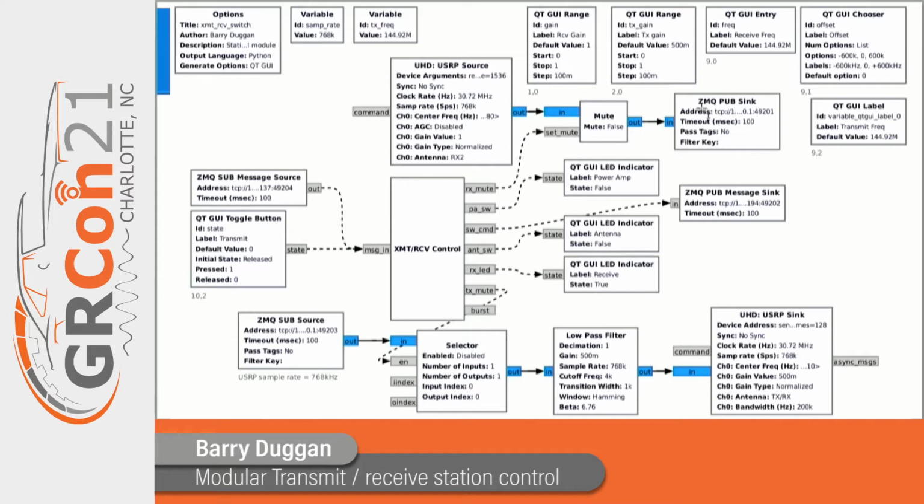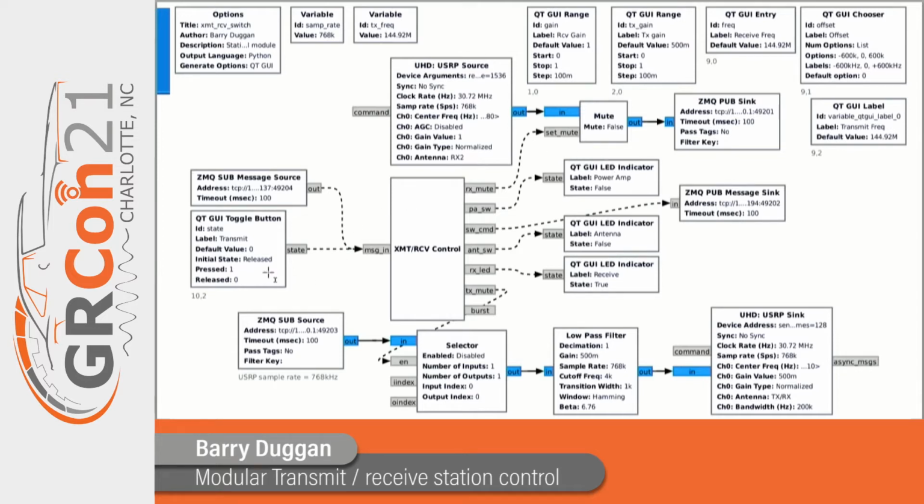And then on the transmit side, data from the transmitter comes in through a sub source and through a selector, which is acting like a mute block, a low pass filter, and then to the USRP sink. The rest of this in the middle is the transmit receive switching logic. And notice it is all done by messages rather than streams.